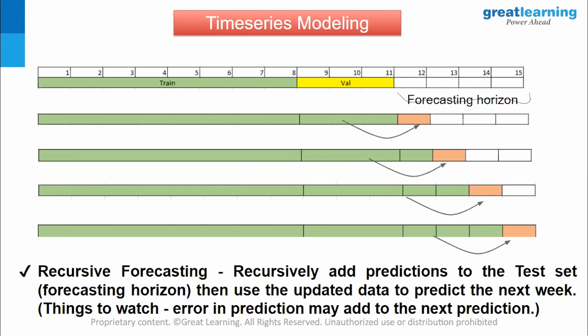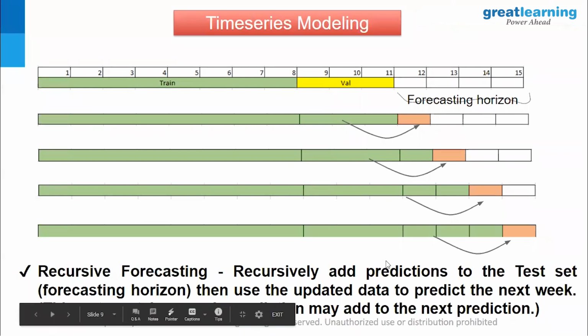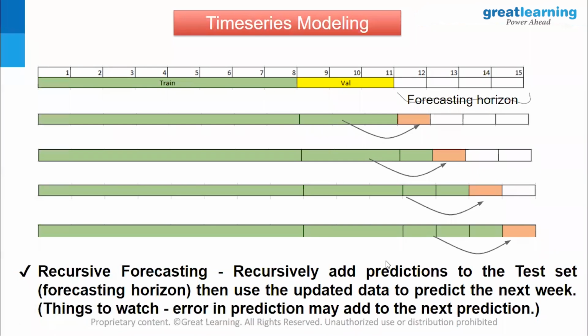So if your forecasted value has errors, then your errors will start propagating and your model results will not be very good. Okay, so this is something which we need to take care of, but otherwise this is what actually happens when we do forecasting, and that is how forecasting is different from other supervised learning methods like prediction or anything else. Okay, so I hope it's clear. We can come back to it if you have questions later.